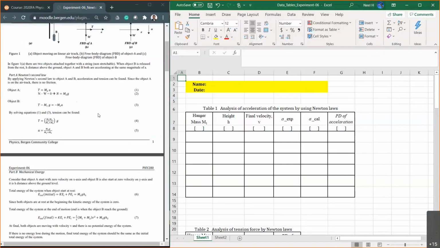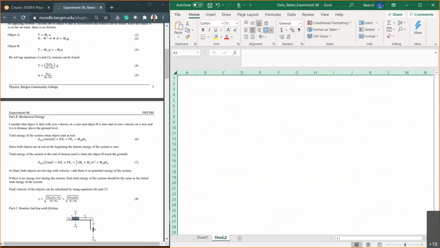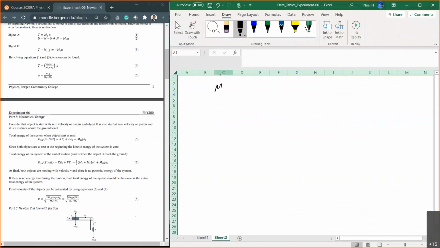And in the second part of the experiment, what we're trying to do is understand the mechanical energy. Now, when it comes to mechanical energy, there are 2 types. In general, this whole class is about mechanical energy.